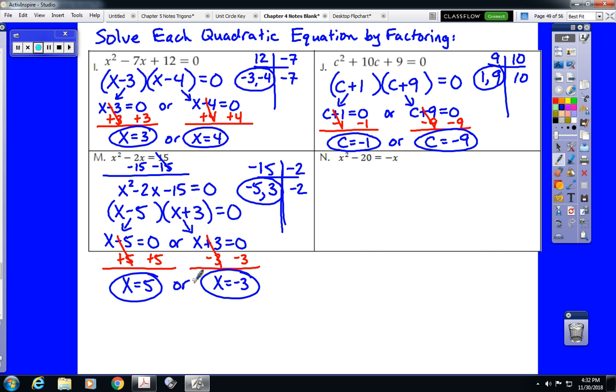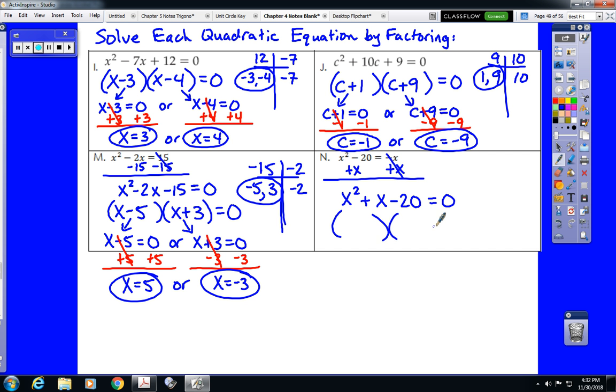Finally, for letter N here, we're going to add x to each side. Again, it doesn't combine with anything, so it's just going to turn into a trinomial, x squared plus x minus 20 equals 0. And that's what we need in order to factor, is we need it equal to 0.